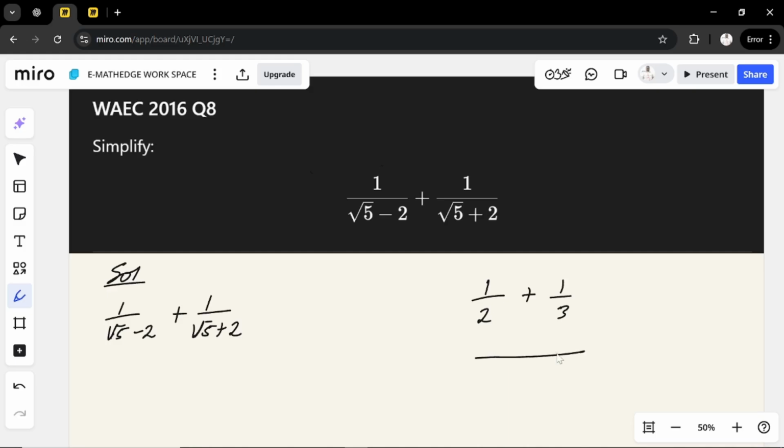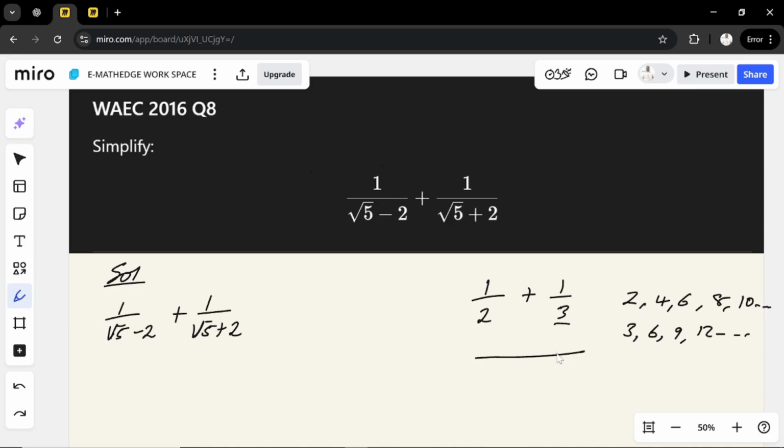And you know that the multiples of 2, as we were taught, is 2, 4, 6, 8, 10 continuously, right? And the multiples of 3 are 3, 6, 9, 12 continuously, right? These are the multiples of 2 and these are the multiples of 3.